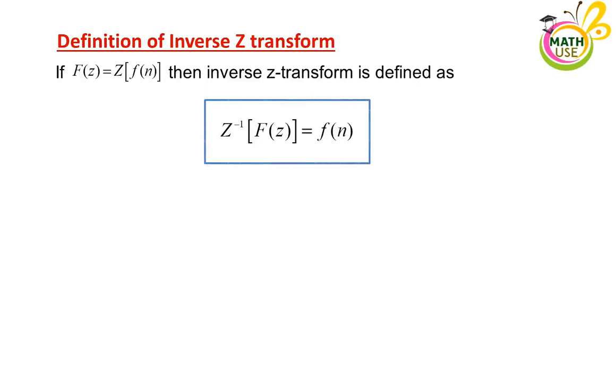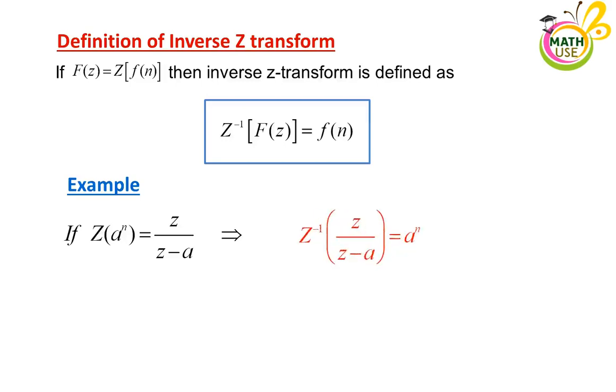So the definition of inverse Z transform is nothing but Z inverse of capital F of z equal to f of n. See the example: suppose Z of a power n is z by z minus a, then we can find the inverse Z transform for a power n just by taking the Z transform to the right hand side of this function.